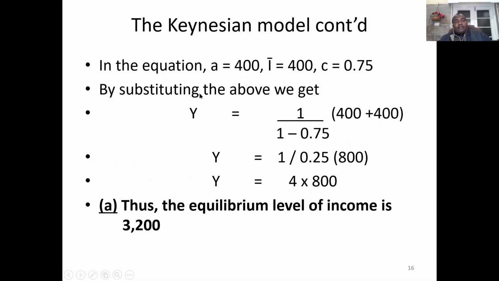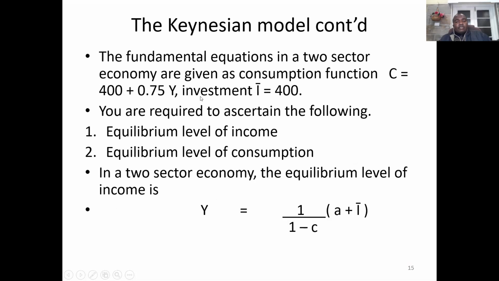So from the given equation, this formula, plugging in the relevant things, we've got 1 over 1 minus 0.75, all multiplied by a factor of A. Our A is 400 plus I, which is also 400.